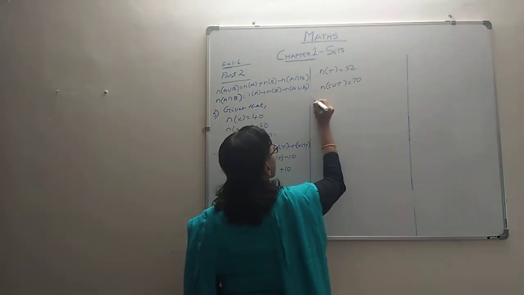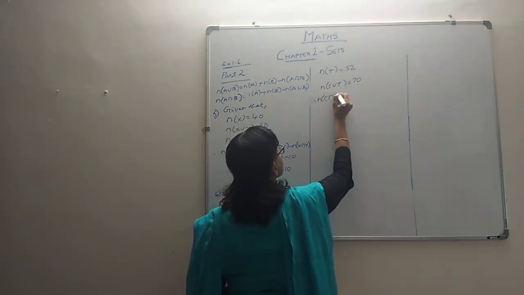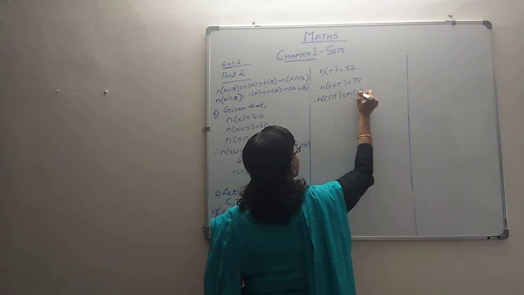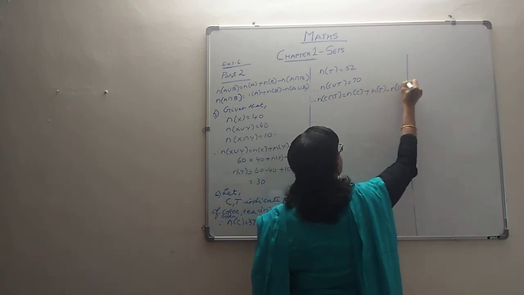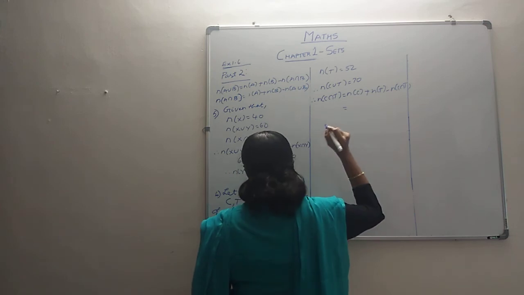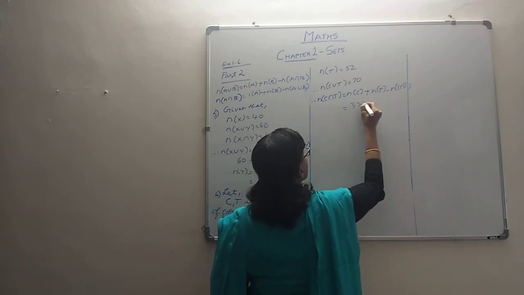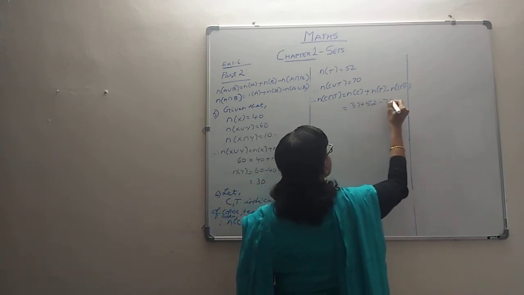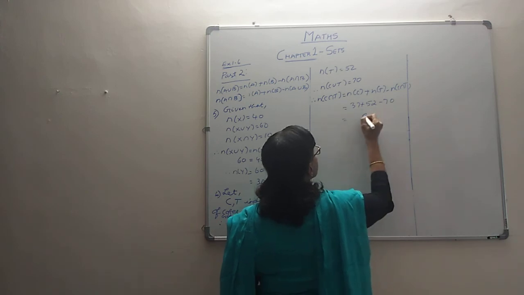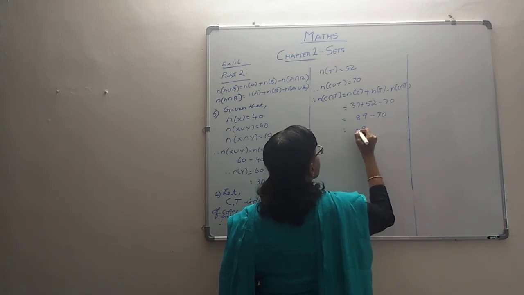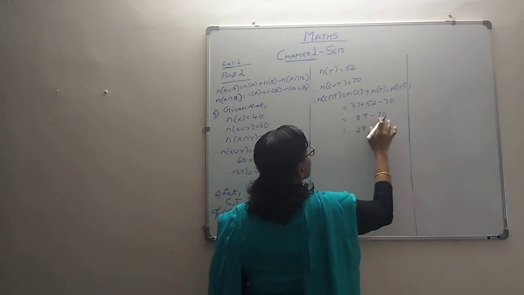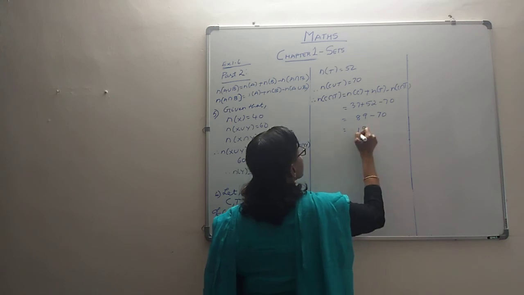So n of C intersection T becomes, by formula, n of C plus n of T minus n of C union T. It comes to 37 plus 52 minus 70. 37 plus 52 is 89, minus 70, so that comes to 19.